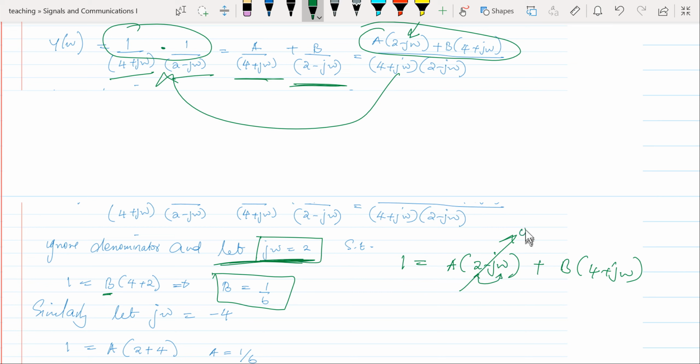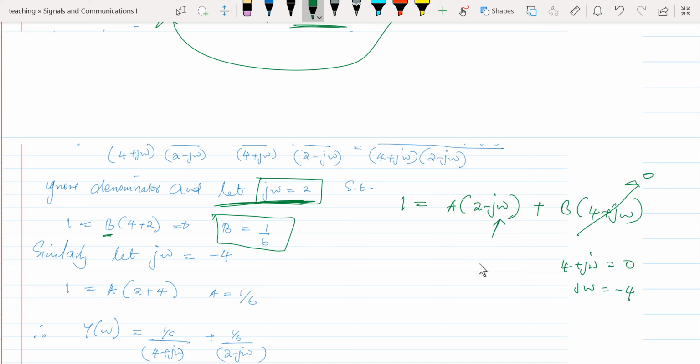Where there is j omega, we replace it with minus 4. We have 1 equals a times (2 minus 4)... This becomes 6 again, and therefore a is equal to 1 over 6. Sorry, this is not supposed to be 1.